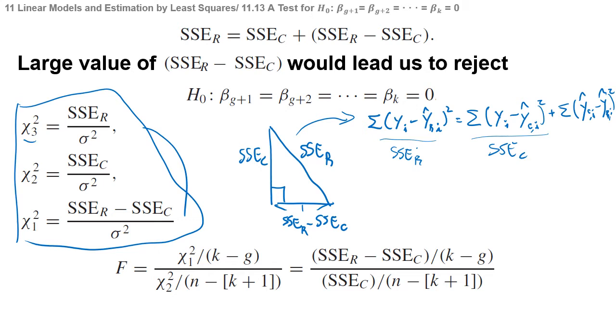The degrees of freedom for this one is n minus g, for this one n minus k, for this one n minus g minus 1 minus (n minus k minus 1), and for this one the degrees of freedom is k minus g.